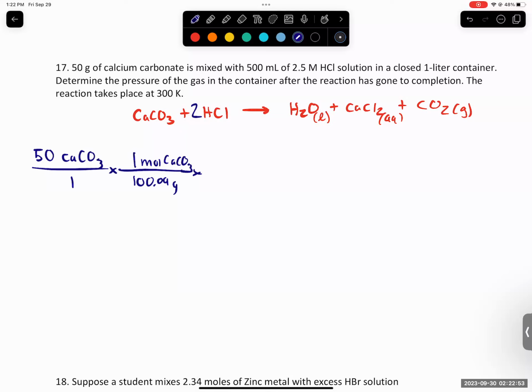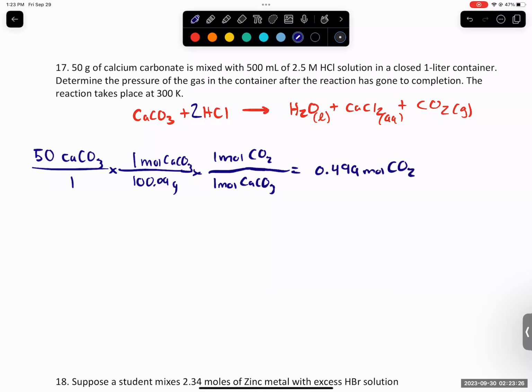So if we're going to convert to any product, it's going to be CO2 because that's our gas. There is 1 mole of calcium carbonate for every 1 mole of CO2 that's formed. And we can just stop there. Doing that, you probably get about 0.5 moles. Yeah, 0.49, okay, that'll work.